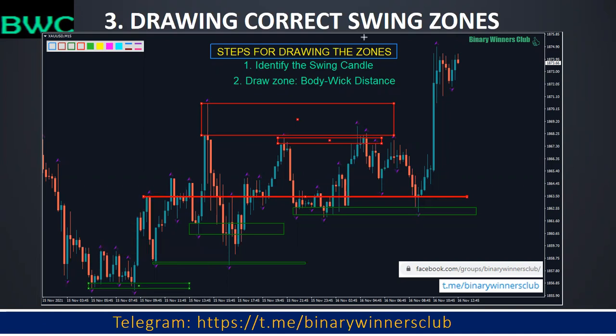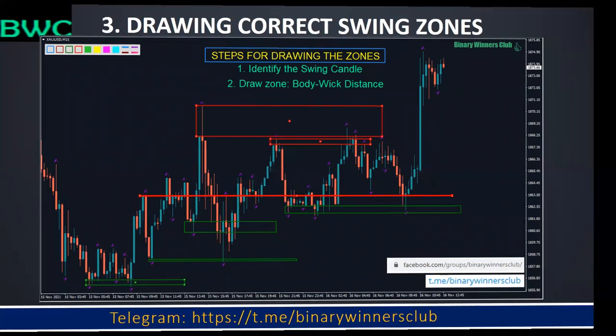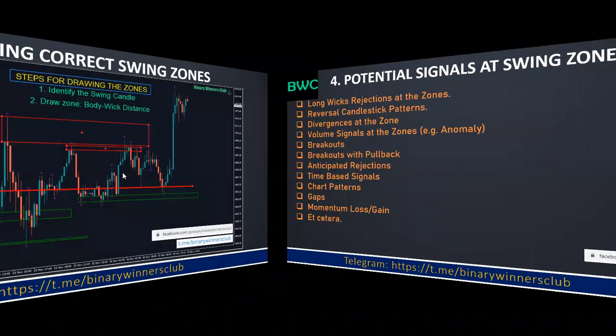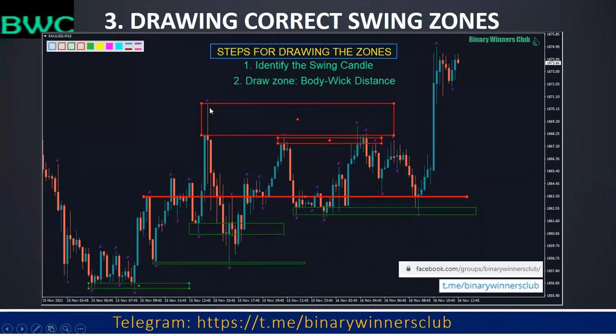Then the other way of trading could be anticipated rejection. If you know, for example, that this zone is very powerful, the market can't just penetrate and close inside, then you can time your entry so that when a candle is coming into the zone, you place a trade and hope that it closes below the zone. There are people who trade like that successfully, but you must have very, very strong zones.